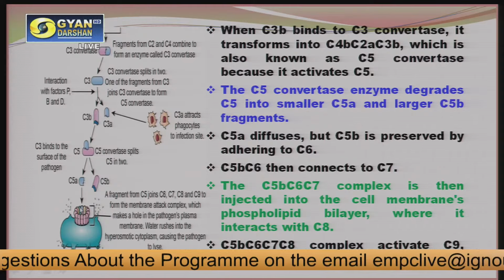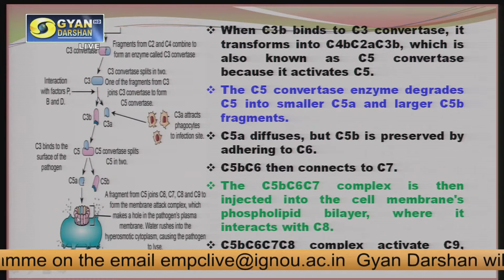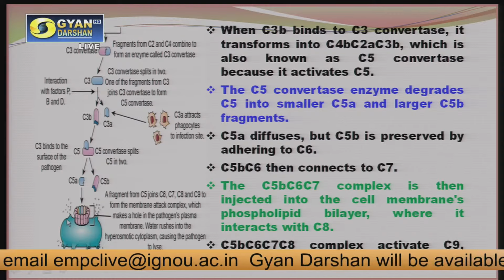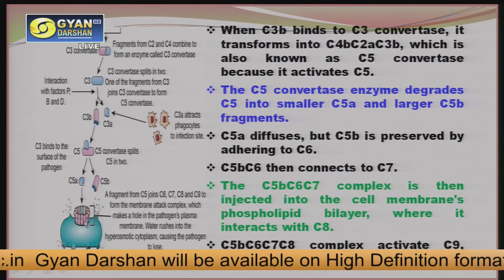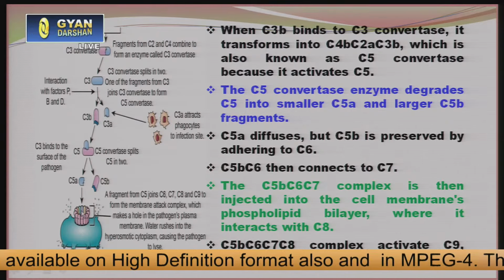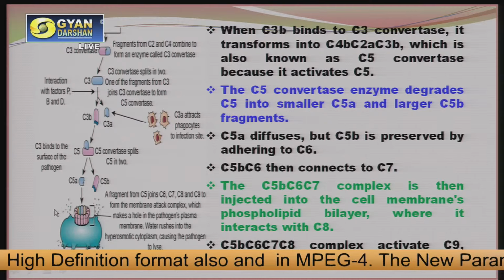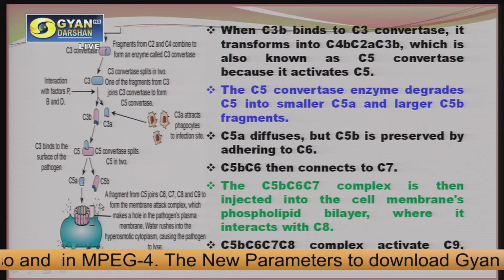Ultimately the cytoplasm will be released. So these are the membrane attack complexes. They can insert inside the body of the bacterial cell. They will release the cytoplasm and other materials, ultimately killing the pathogens.